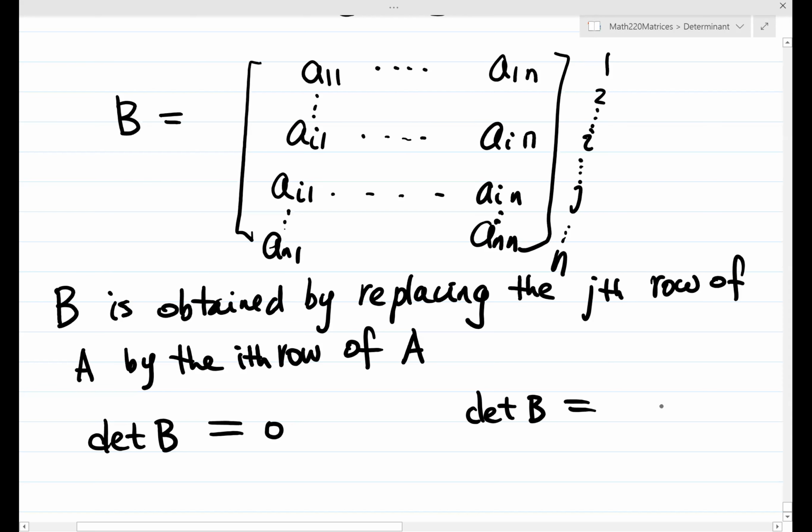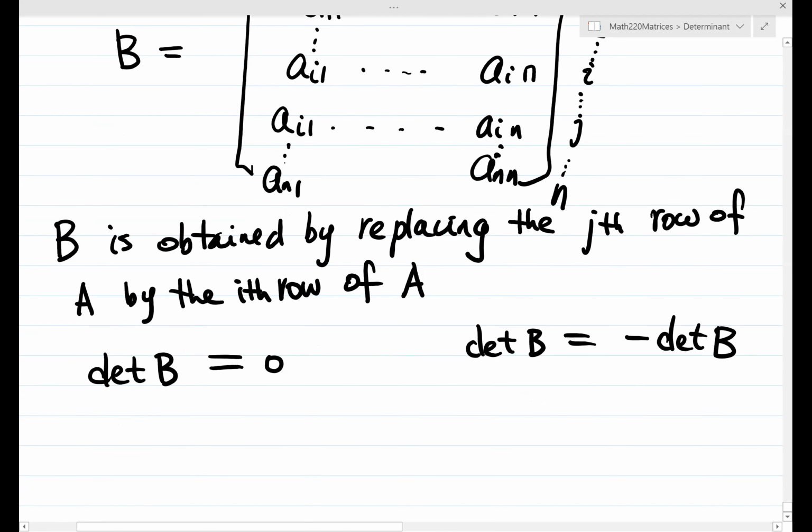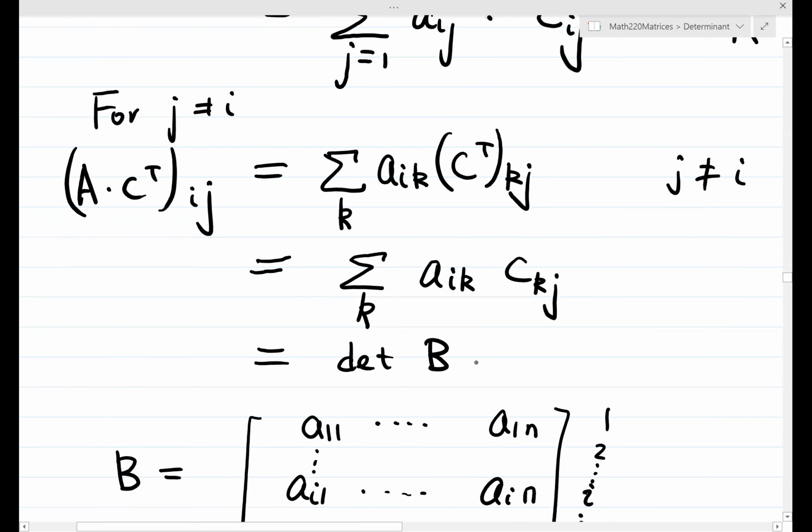So it's still the determinant of B with the i, j rows switched, so it's still again determinant B. That is, determinant B equals negative determinant of B. So a number equals the negative of itself, so this number is 0. Either way, you get determinant B is 0.